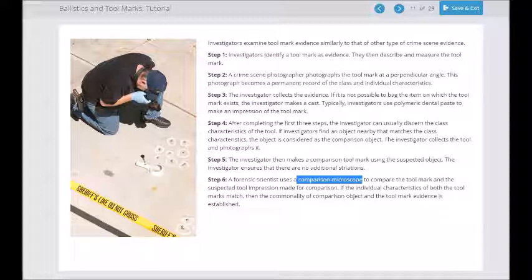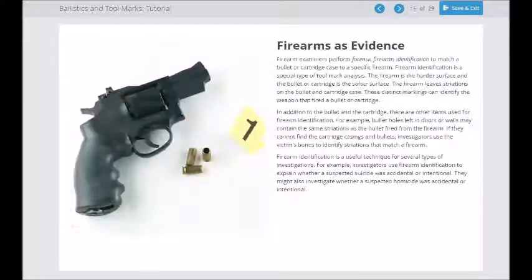You have to be able to say, look, we found this indentation here, and it matches with this tool, which then we can match to the suspect, and you have to show all that to a jury. You can't just say, yeah, he hit him with that hammer. You have to show a linkage between all of these pieces of evidence.